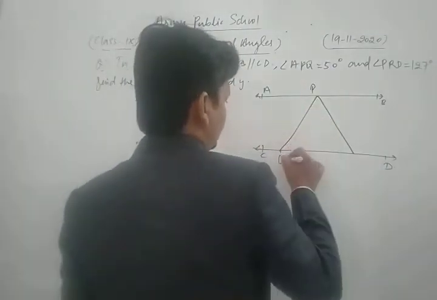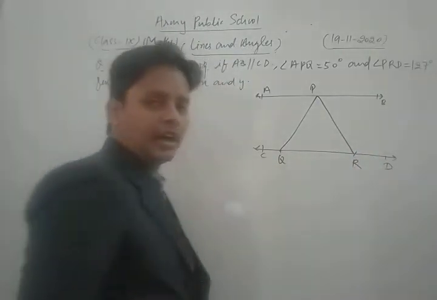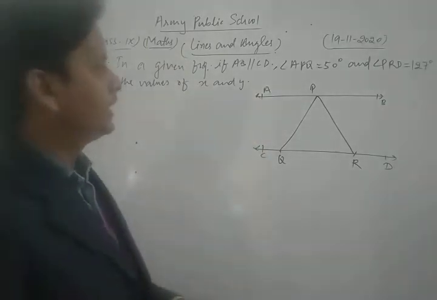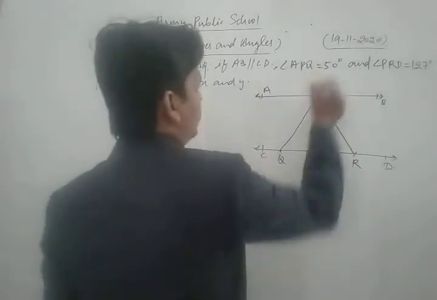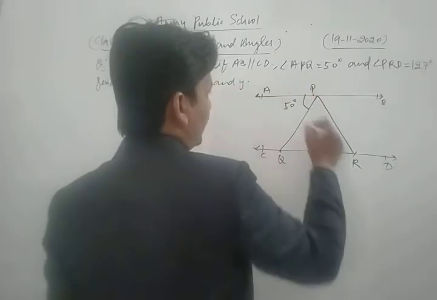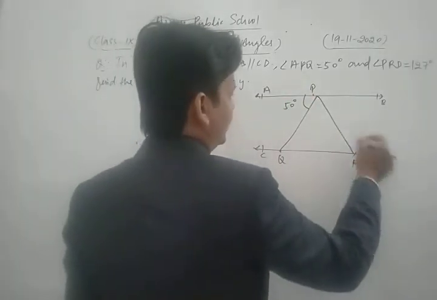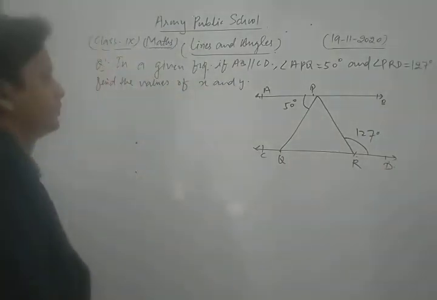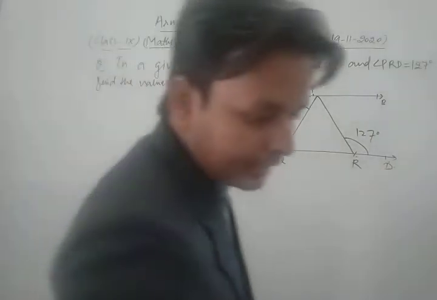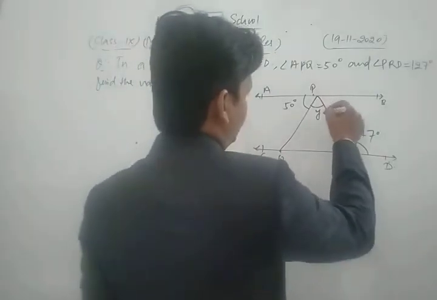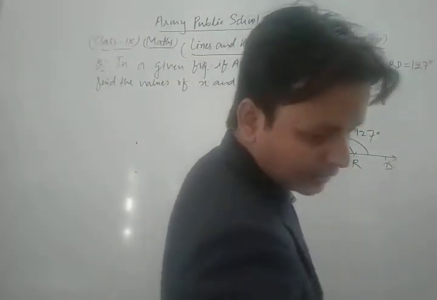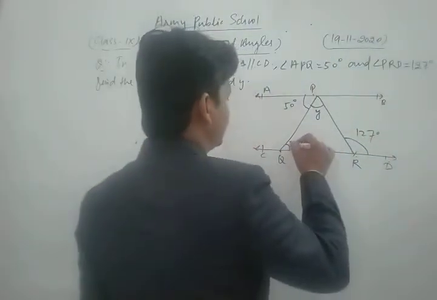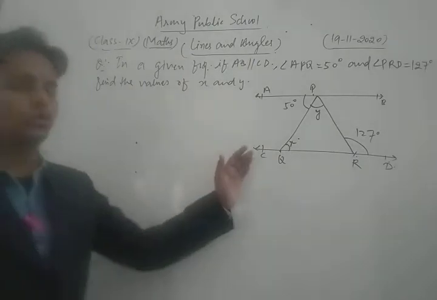This is P, this is Q, this is R. In that figure, angle APQ is given as 50 degrees, and angle PRD is given as 127 degrees. According to the figure, this is given as Y, and this is given as X. This is the question here.